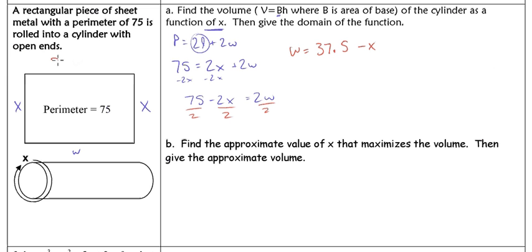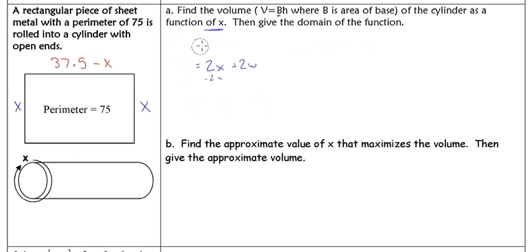All right, so w is 37.5 minus x, and now it's in terms of x. We don't have to have these two variables anymore. We've figured that out. All right, now clearing this back up because we're going to need this space for some more calculations.